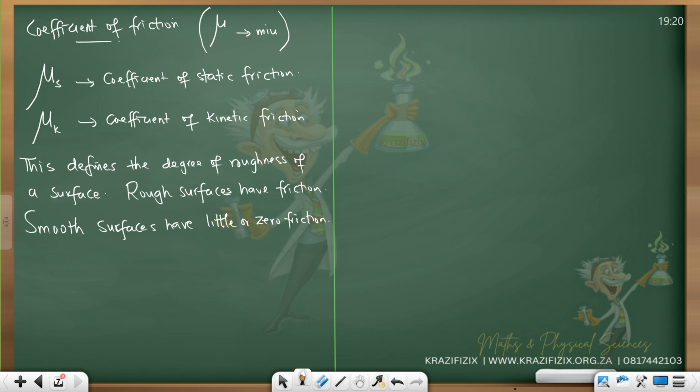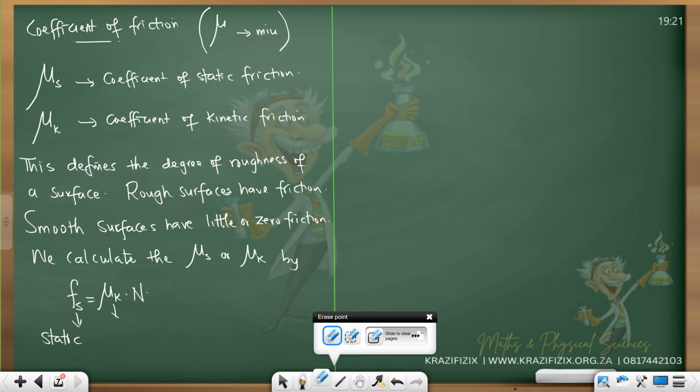Are you there? Yes, sir. Okay. How then do we calculate this coefficient of friction? We can calculate the coefficient, the mu s or the mu k, by saying Fs is mu s times N. Sorry, this one should be S. I can't mix S and K. What is this?